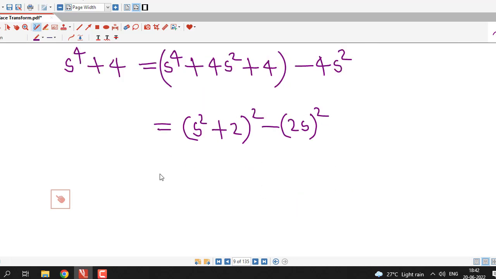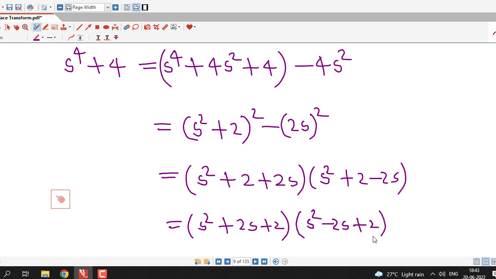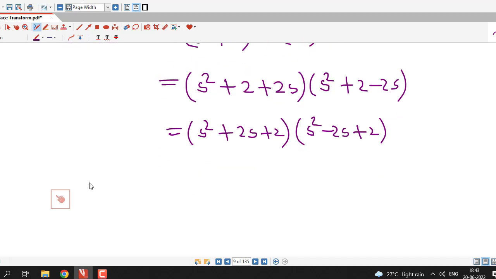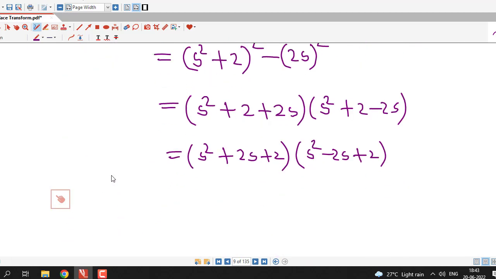Now using the formula of a square minus b square, this we can write as s square plus 2 plus 2s times s square plus 2 minus 2s, or we can rewrite this as s square plus 2s plus 2 and s square minus 2s plus 2. So we will replace this s raised to 4 plus 4 by the product of these two polynomials of degree 2, and these two are irreducible. We cannot factorize these two into linear factors.